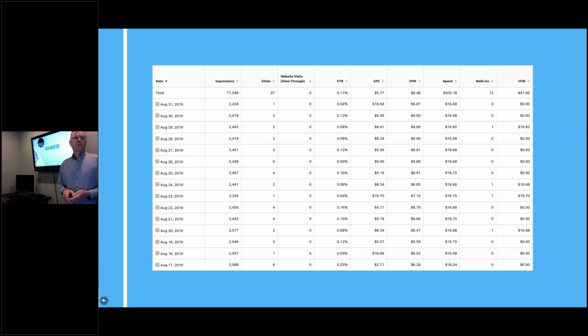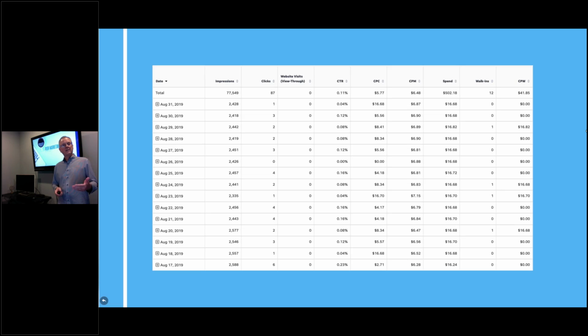So for this customer, reading across the top line, they had 77,000 impressions. This is the total from the campaign for 1 month: 87 clicks, a click-through rate of 0.11, $5.77 cost per click, $6.48 cost per 1,000 impressions, and a spend of $502.18.